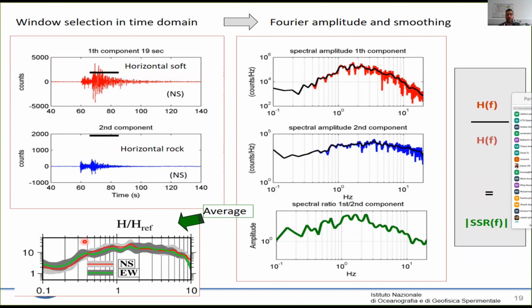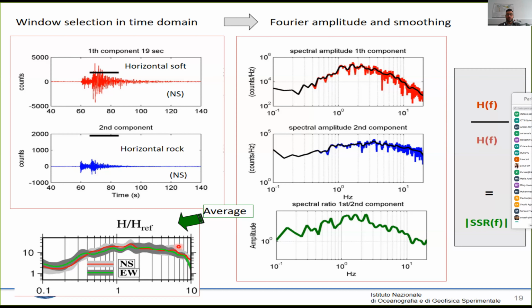In this case, at quite low frequency, nearly 0.35 hertz, but then a very large amplification up to a factor 10, covering a wide frequency range, I would say up to 10 hertz. So we have a very wide band with very large amplification.